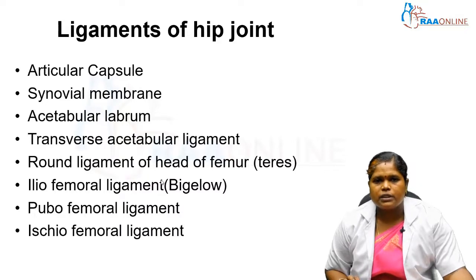Then we have the special ligaments: the acetabular labrum, which is actually a cartilage attached to the acetabular margin, the transverse acetabular ligament, and the round ligament of head of femur, otherwise known as the ligament of teres femoris. Another is the iliofemoral ligament of Bigelow, and we have the pubofemoral ligament and ischiofemoral ligament. We will see all these ligaments one by one.